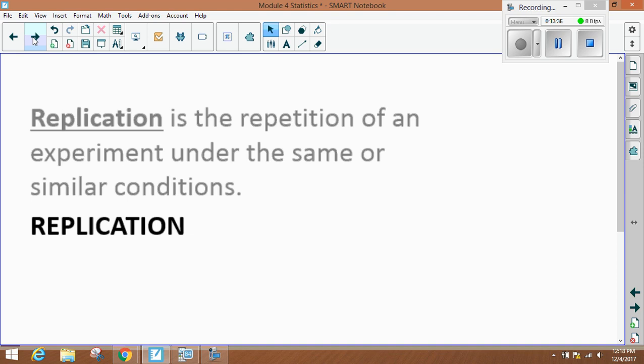Replication is just doing the experiment over and over again. What is the purpose of doing that? The purpose of replication is to avoid any other variables other than the variable I'm trying to test coming into play, right? So say I want to see how people perform on a test while they're chewing gum. Some of the people that I am experimenting on may just be having a really bad day, right?